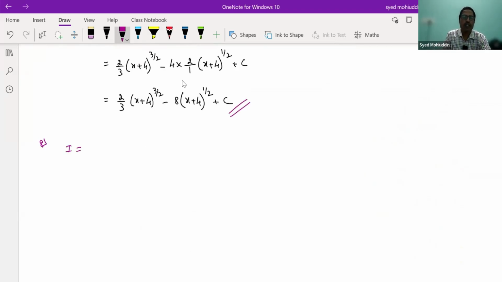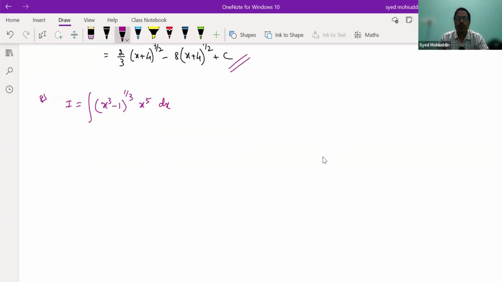Evaluate I is equal to the integral of (x cube minus 1) to the power of 1 by 3, times x power of 5, dx. Now the question is, which value do I need to take as t?